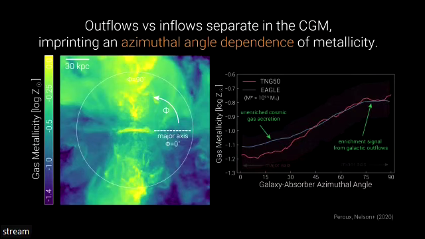This is an enrichment signal from outflows as opposed to a dilution signal from cosmic gas accretion coming from inside. So not only could we observationally see such a signature of the metallicity of the halo as a function of angle, but this is really encoding the physics of feedback, of supernova feedback in this case, that's going on in the central galaxy.